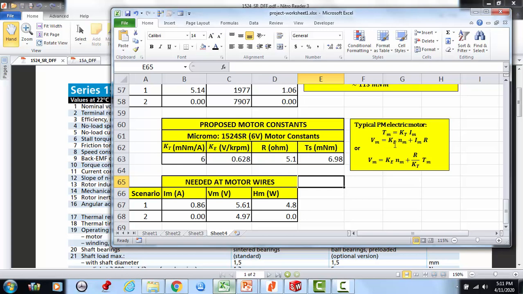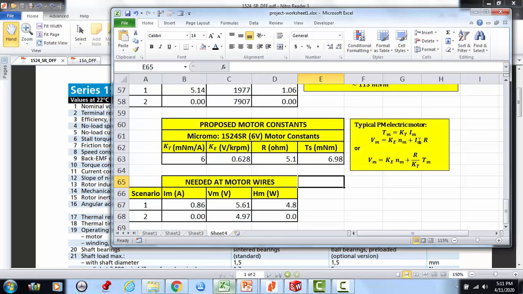We have to be careful with our units because our speed, we've been going in RPM. And then you want to add in the voltage drop across the motor just because it has resistance. So that's plus I times R.